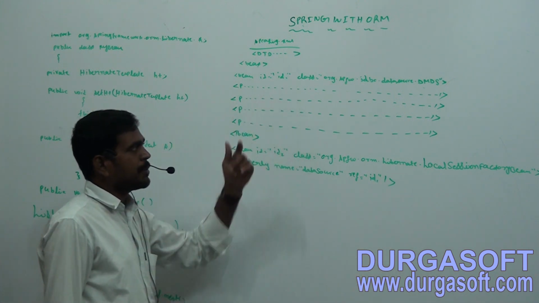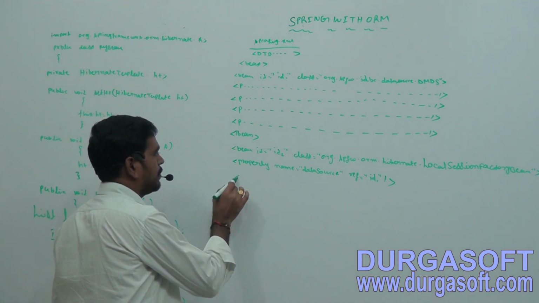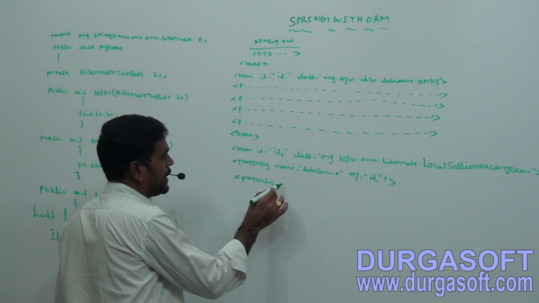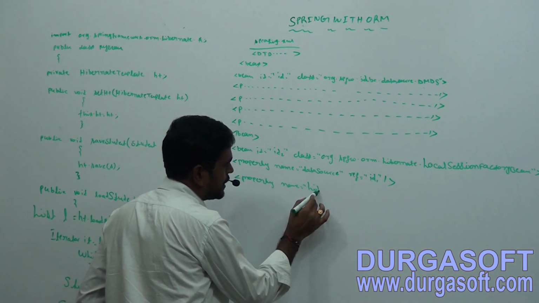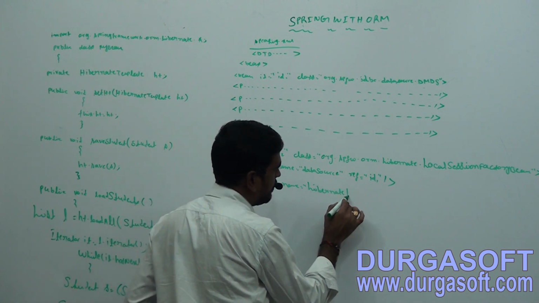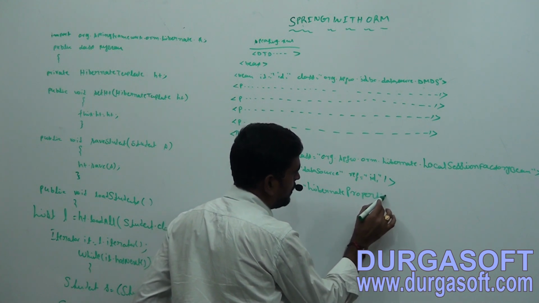This is the data source object. Second property, name is equal to hibernateProperties. Hibernate, P is capital. Hibernate properties.